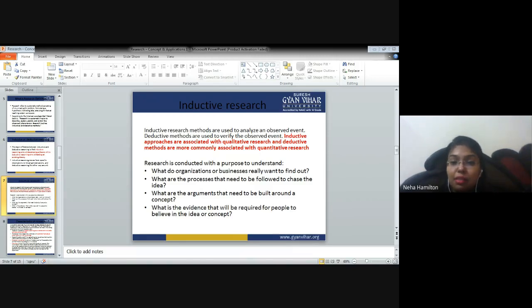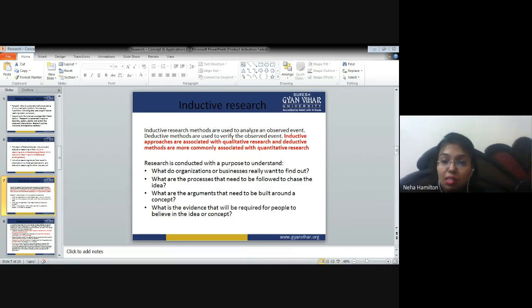As I've explained earlier, if you want to analyze an observed event, that is inductive reasoning. If you want to verify whether it is right or wrong or how useful it is, then it is deductive reasoning. Inductive approaches are associated with qualitative research, and deductive methods are commonly associated with quantitative research.